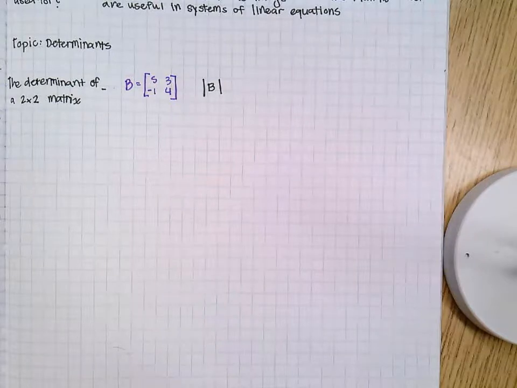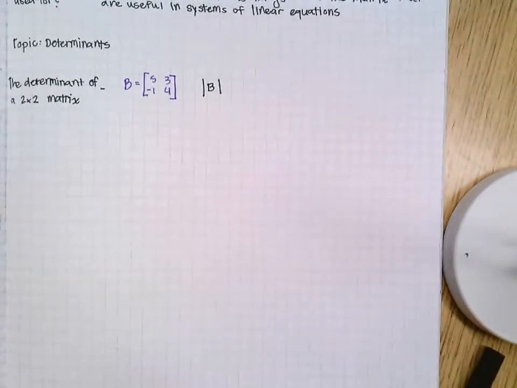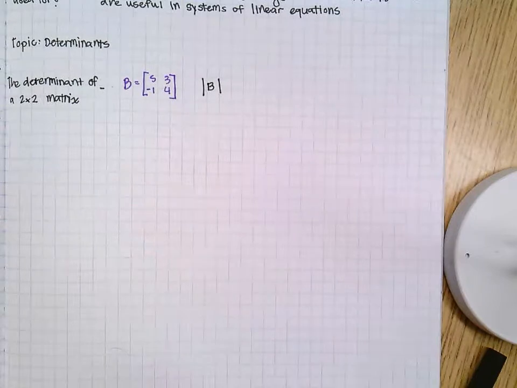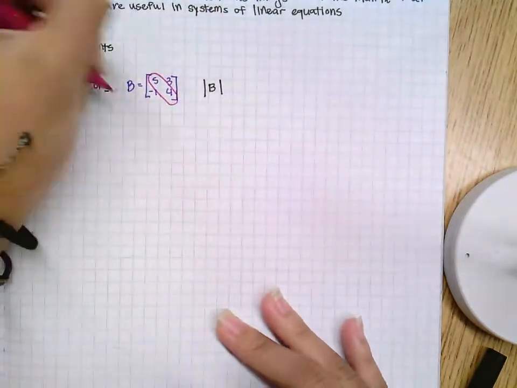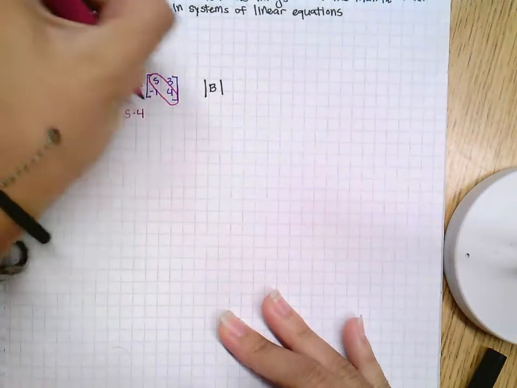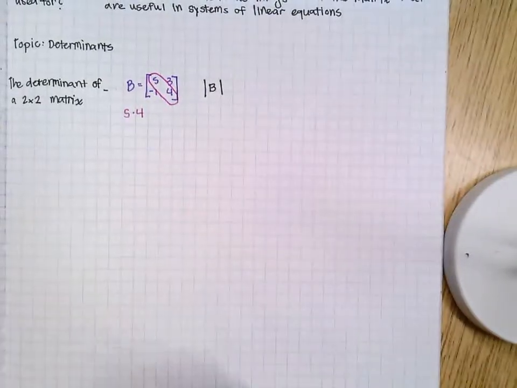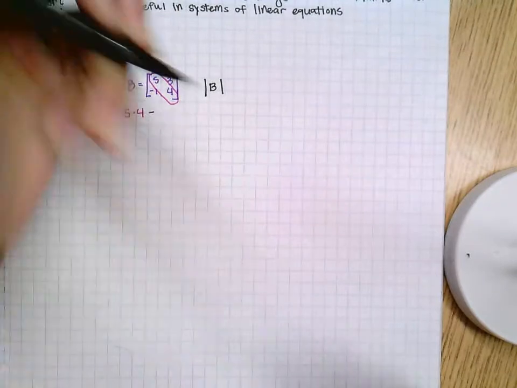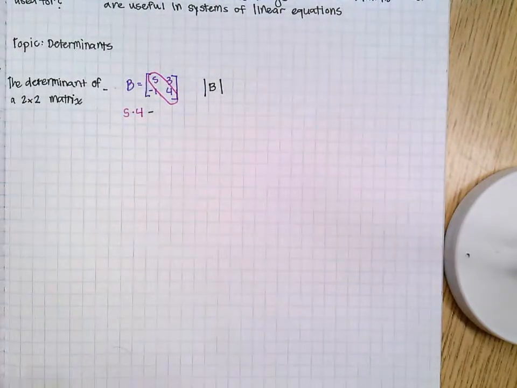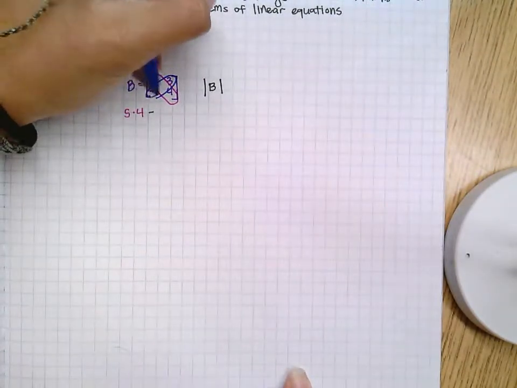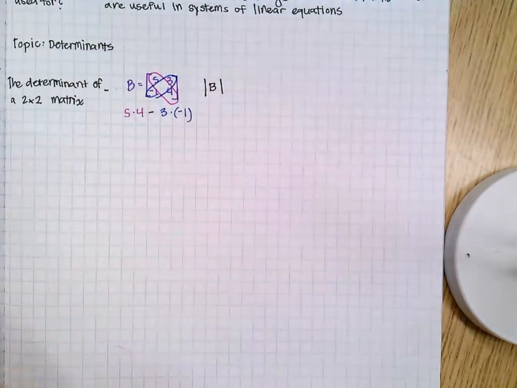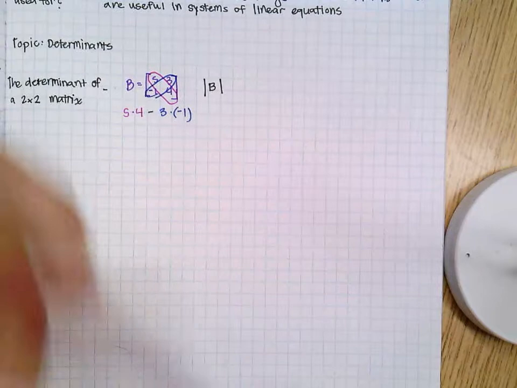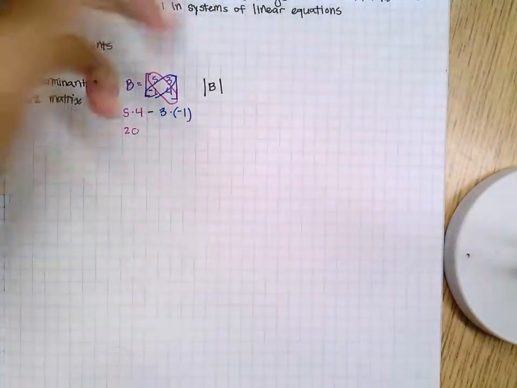And so, how would we find it? You would take first this diagonal, 5 times 4, and then you minus the other diagonal, which is 3 times negative 1. We know that 5 times 4 is 20, and we're going to minus it.